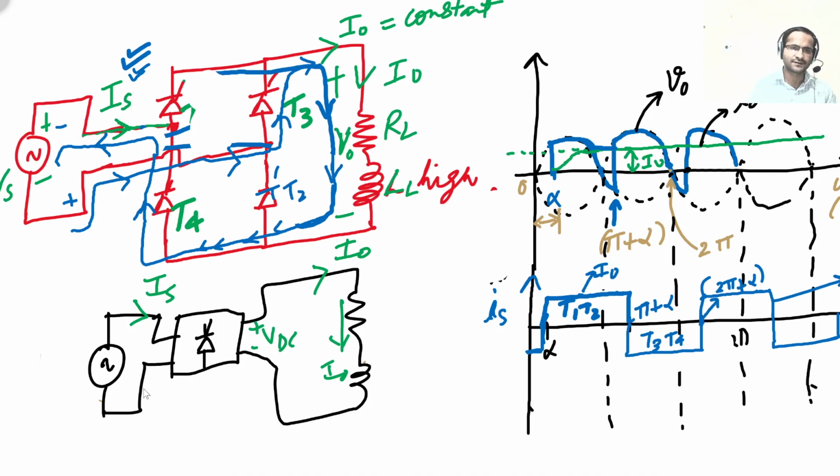So what happens when we connect a pure sinusoidal voltage to some resistive or RL load through a converter? The source current is distorted. If we directly connect, it is not distorted. It remains sinusoidal.